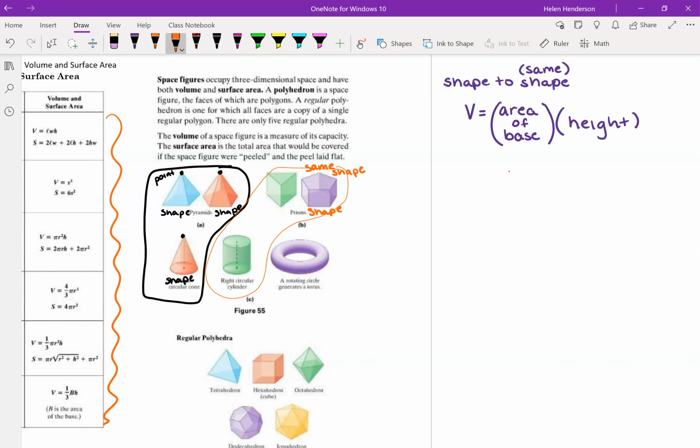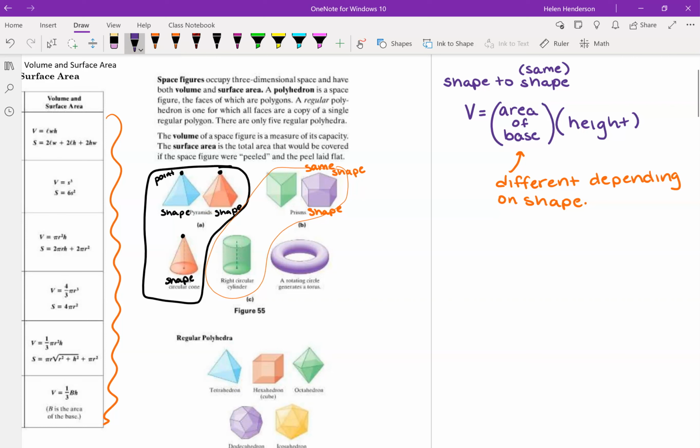Now, the area of the base is different depending on the shape. So if you know your area formulas for the different shapes, then when you're calculating volume for shape to shape, you look at the area of the base and you just times it by the height.